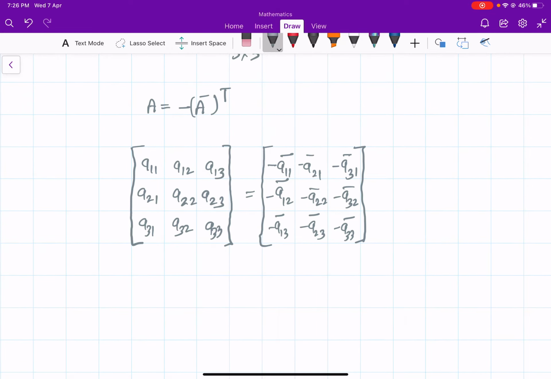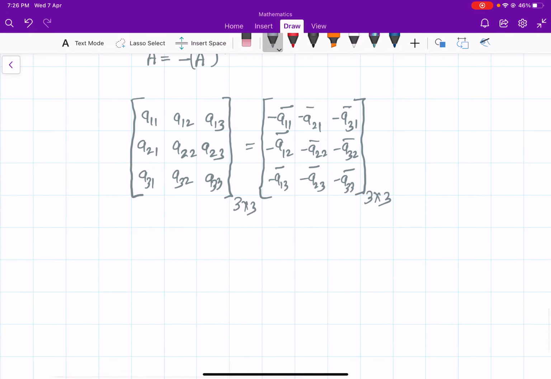Suppose these two matrices are equal, then the order will be the same, and each element corresponding to the other matrix element will be the same. So in general we can say A13 is equal to minus A31. If we consider this A13, it will be equal to minus of A31.